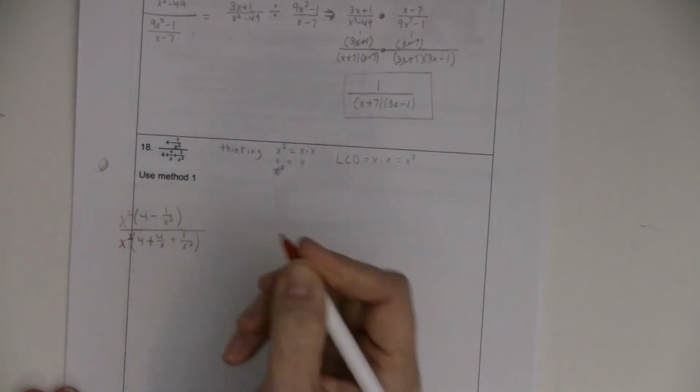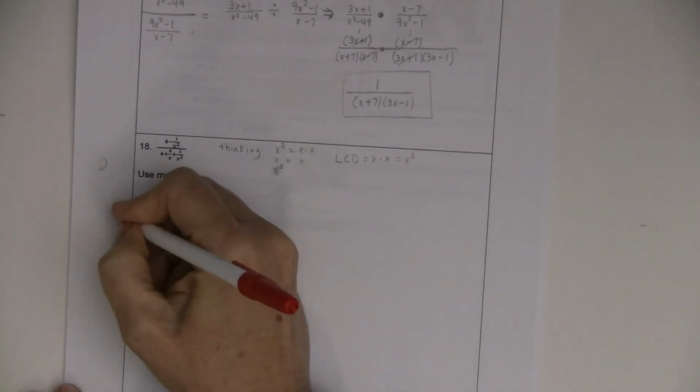And that lowest common denominator was x squared. And so, we're multiplying by 1. x squared divided by x squared is equal to 1. And you have to distribute it. And so that's what I mean by you got to do it to all of the pieces. We had 5 pieces. You're going to multiply every piece by x squared.